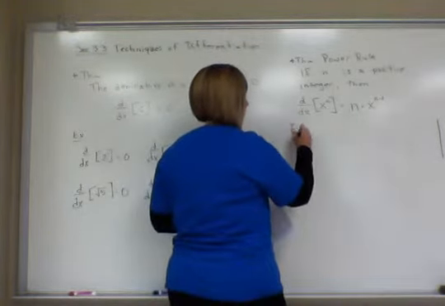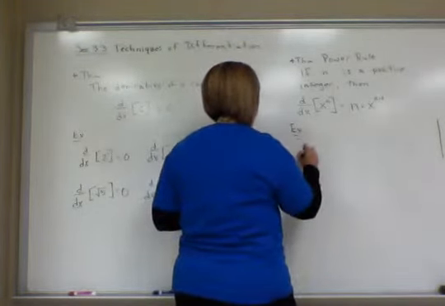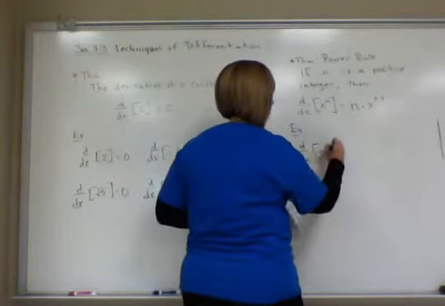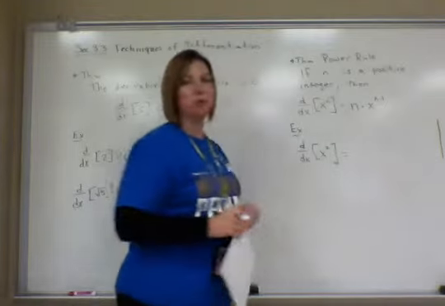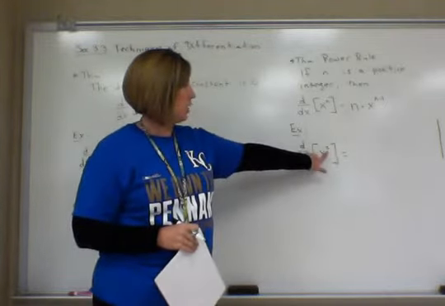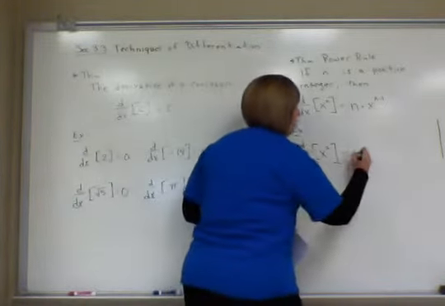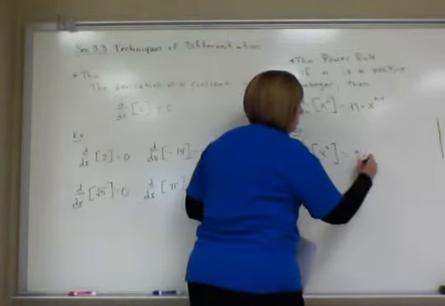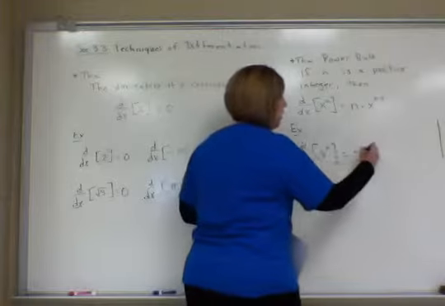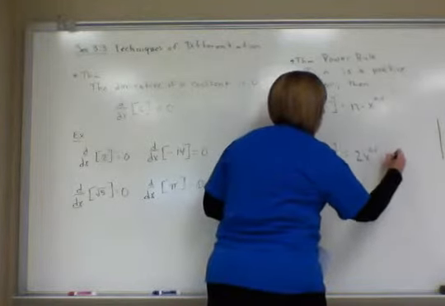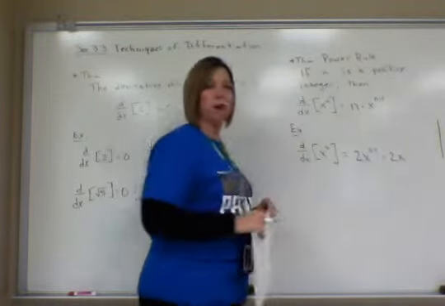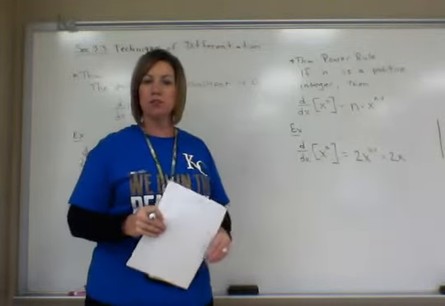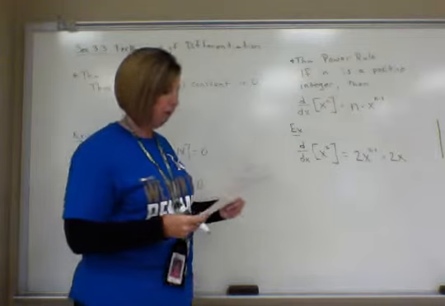So let's look at a couple of examples of that. If I want the derivative of x squared, the power rule says we're going to take this exponent and move it out front as a coefficient. It's going to be 2 times x to the 2 minus 1 power, or 2 times x to the first power, or just 2x. So the derivative of x squared is 2x.